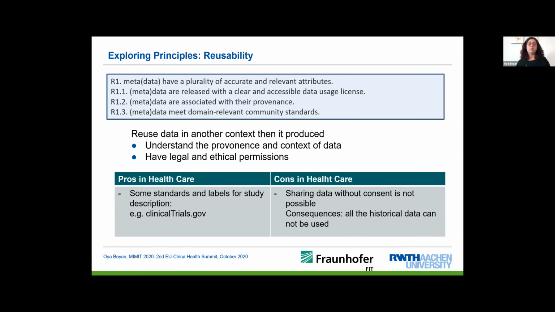And consent is often not possible for a future study. You just get consent for the specific study that you are carrying out. Then how are you going to transfer this consent to future reuse? It is a very challenging problem, and it creates a big barrier on reusability of these data sets.